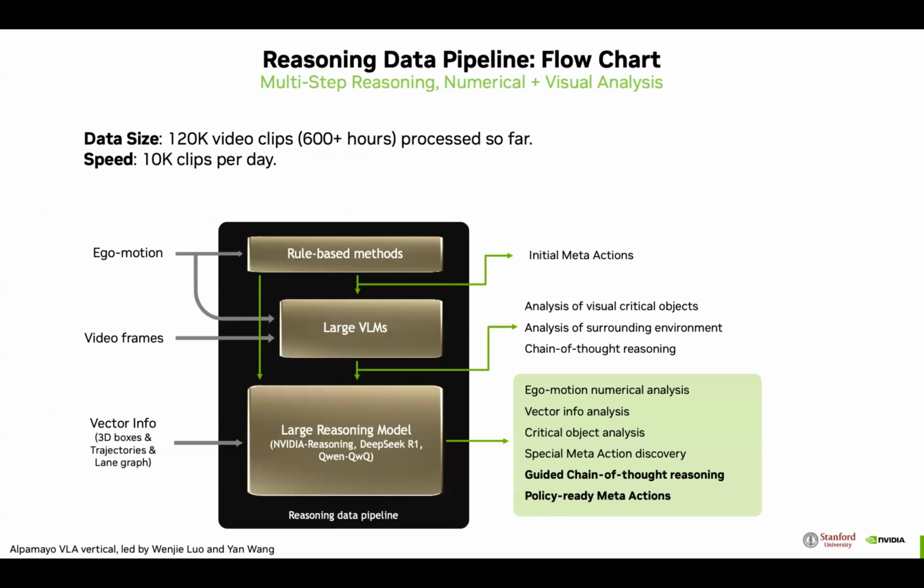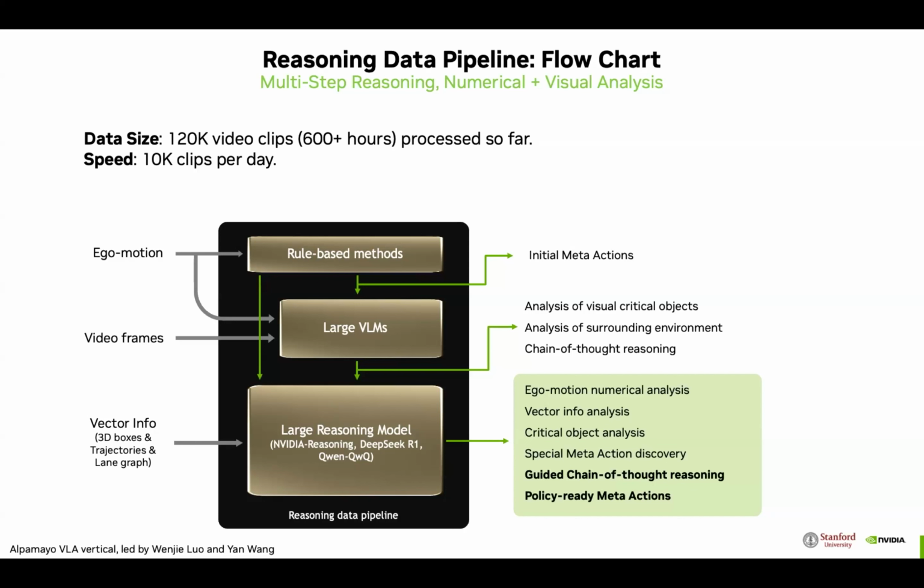To obtain this kind of data at scale that you can then use for post-training, we need to carefully design a reasoning auto-labeling pipeline. You can't just rely on the human annotators, which is quite complex. It is not just about tagging bounding boxes or trajectories. We need to generate an interpretable, grounded explanation of what's happening in a driving scenario. So to deal with this complexity, we break down this pipeline into 3 steps.